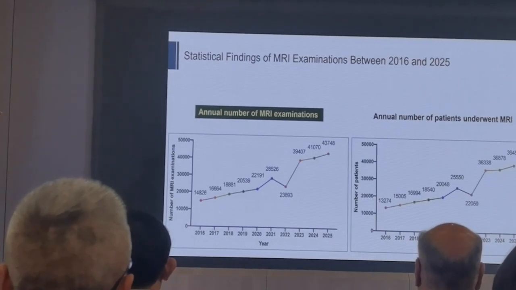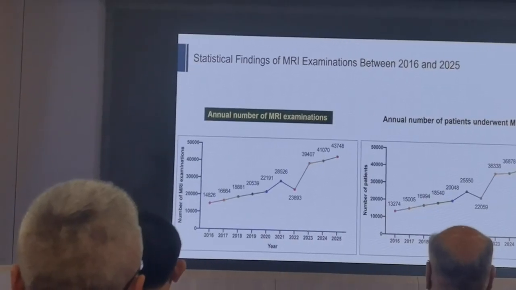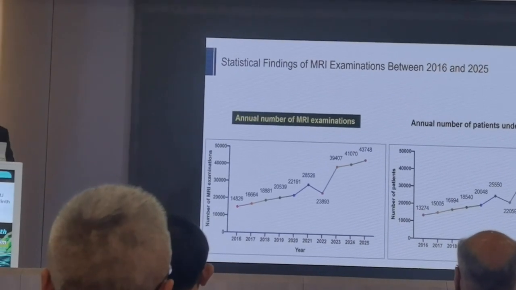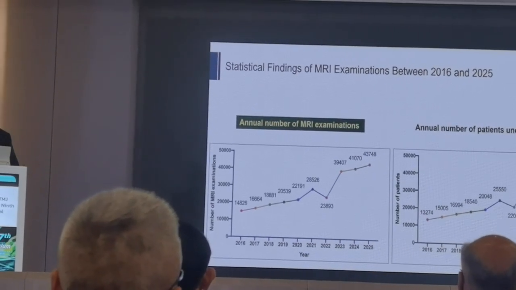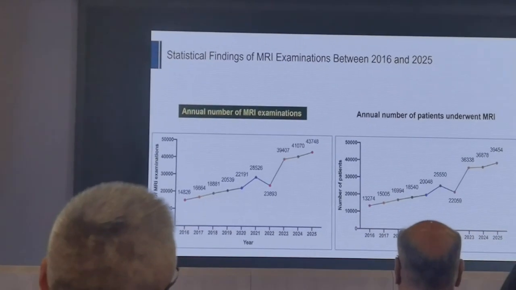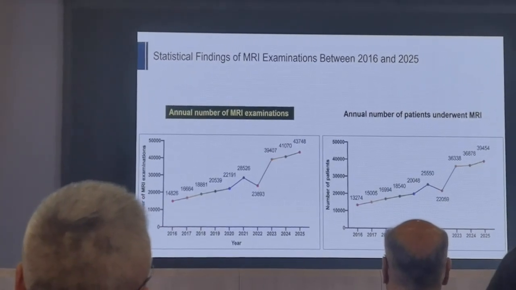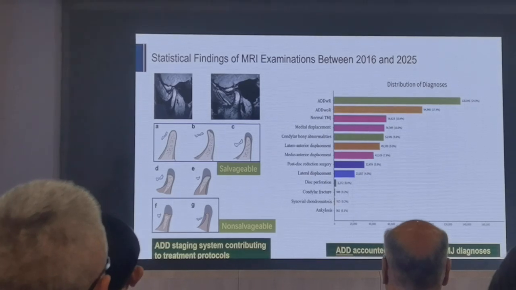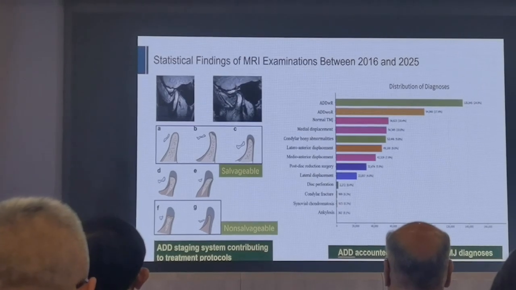And the annual number of the imaging rose from almost 13,000 to more than 40,000. It's huge. So that means imaging is almost the number one for TMJ diagnosis.